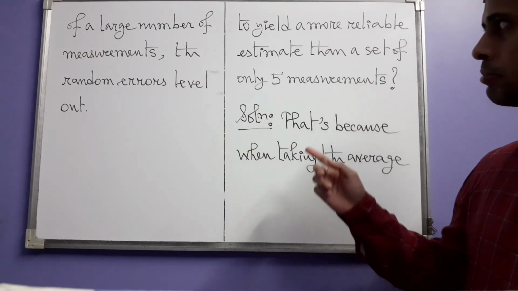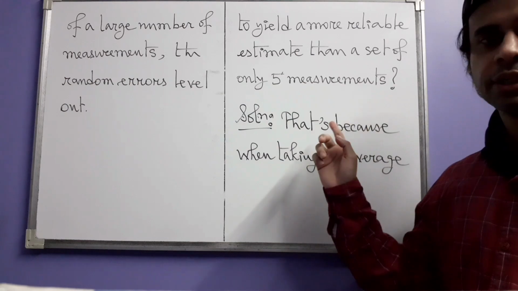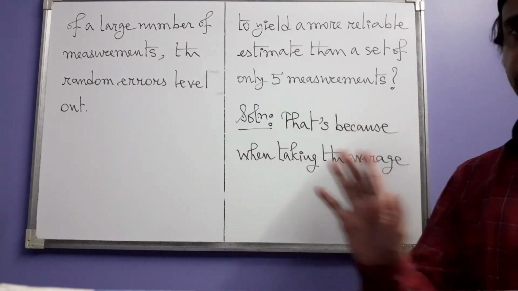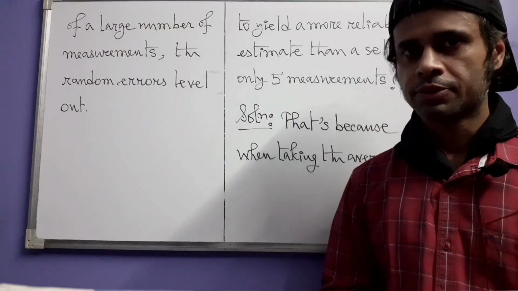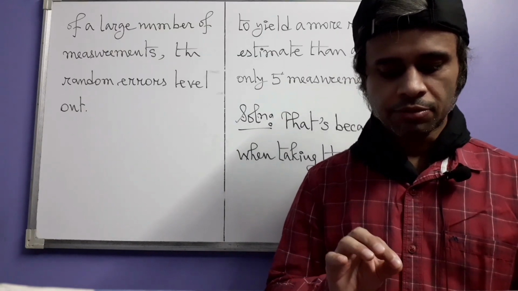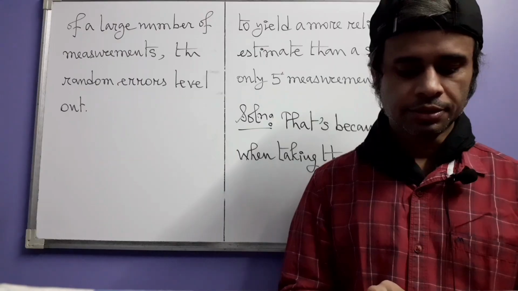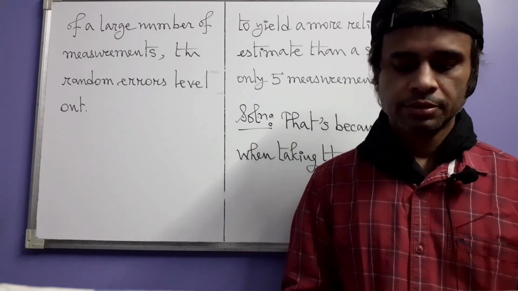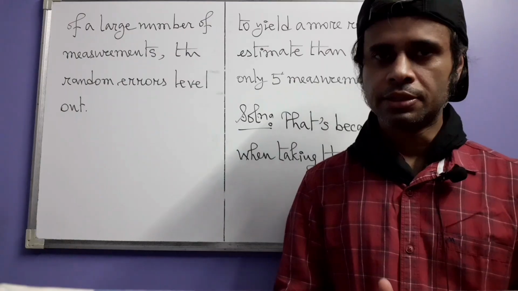Now we are talking about estimating the diameter of a thin brass rod, right? Say the diameter is 1 millimeter. Just assume some value. You make one measurement first. You measure 1.1 millimeter, and that 0.1 is your guess.